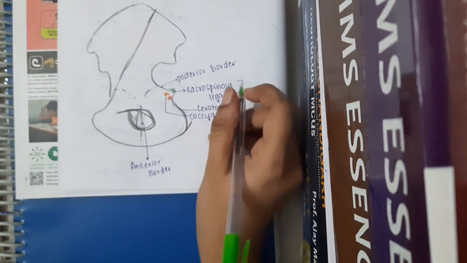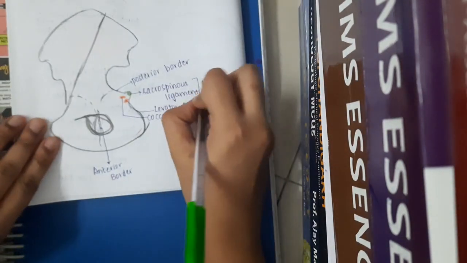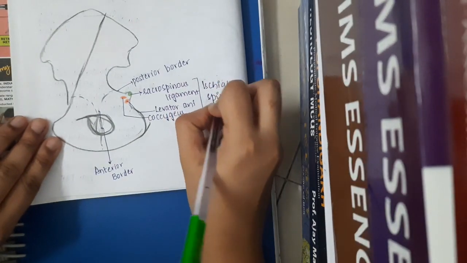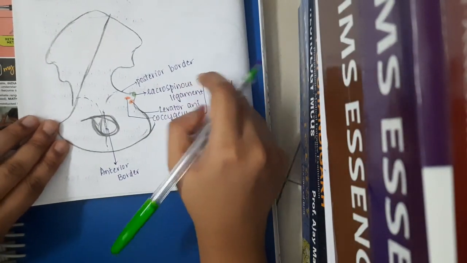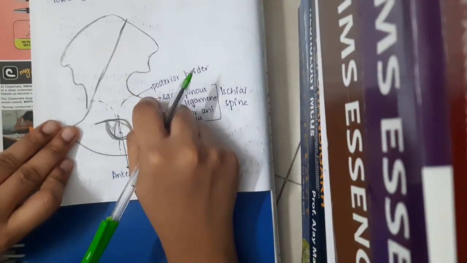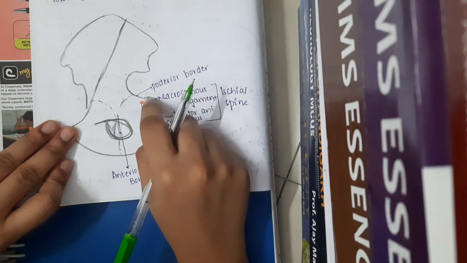So all these muscles and ligaments are attached to the ischial spine. As I have already told you, the ischial spine forms the lower border of the greater sciatic notch, and the upper border of the lesser sciatic notch.